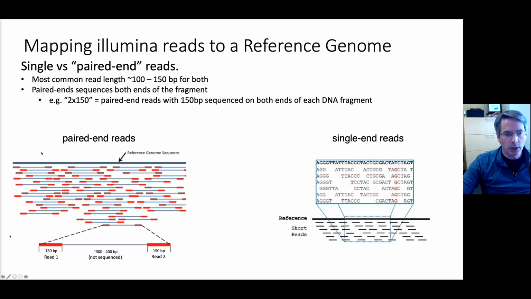But the idea between paired end and single end mapping is essentially the same. You're just taking your read and trying to find where did that come from in the genome.